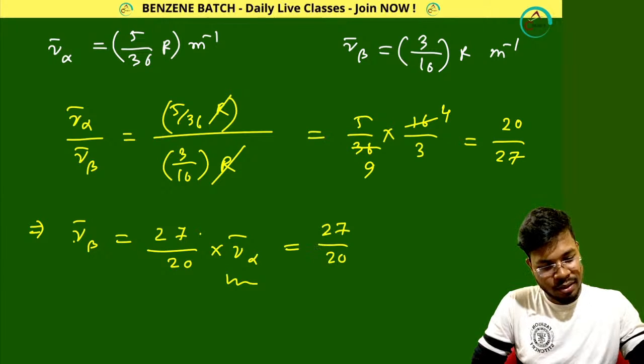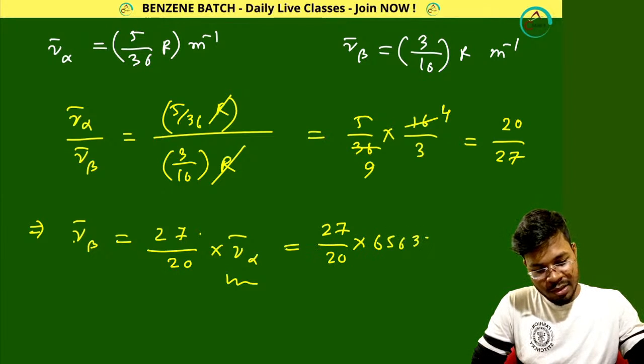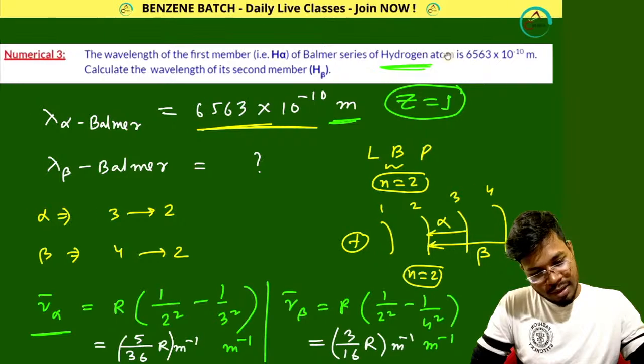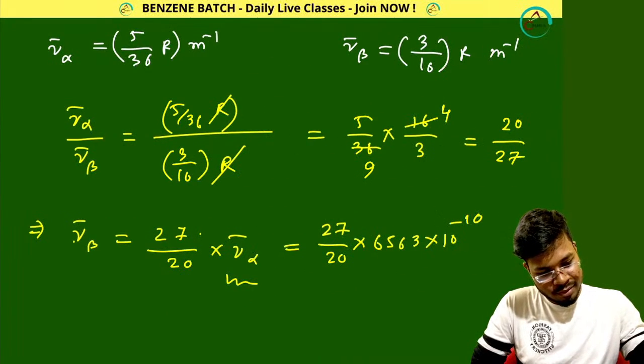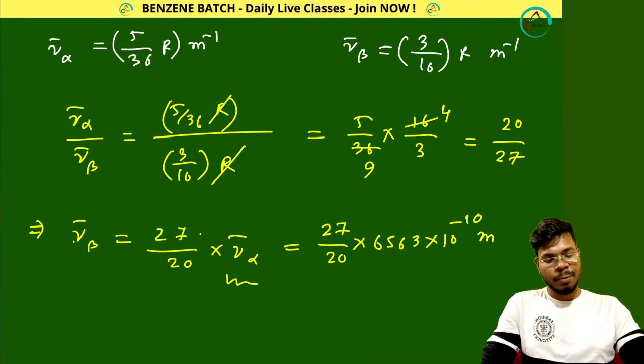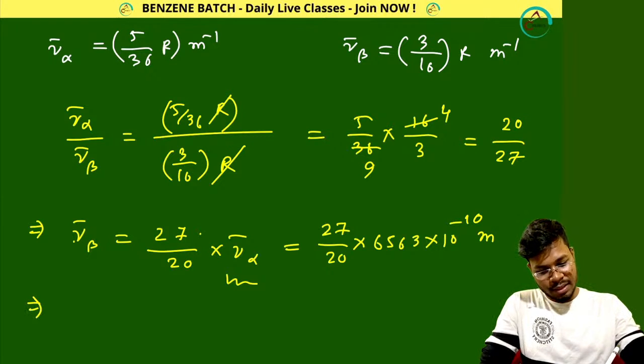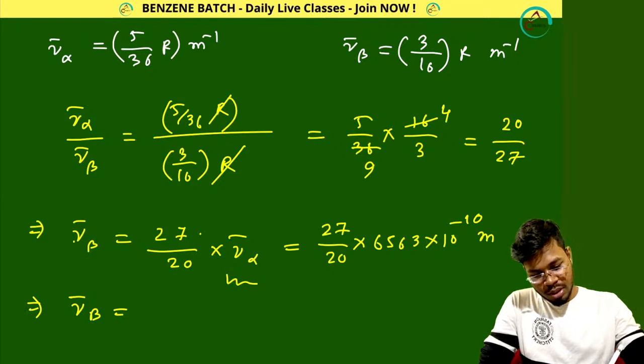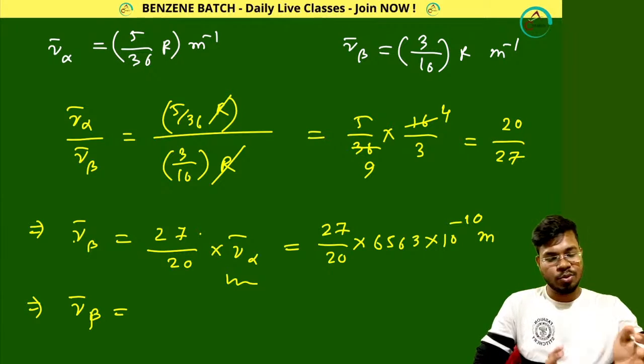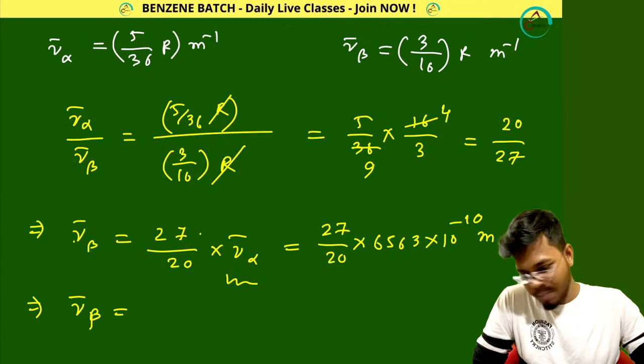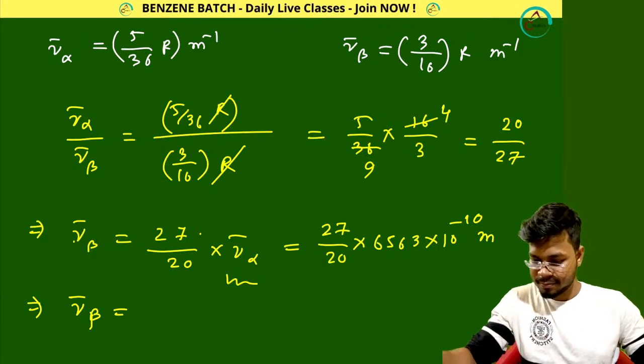So 27 by 20 into 6563 into 10 to the power minus 10 meter. Now I have to do the calculation to get this. Nu bar beta equals what? Just do the calculation. What value will I be getting? I have written it already there. Where is it?